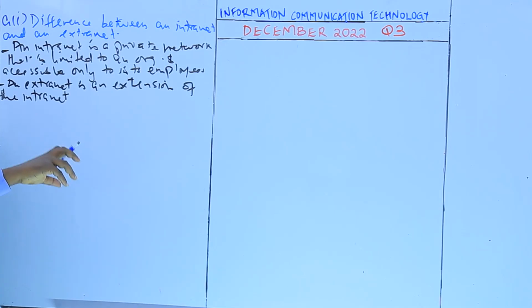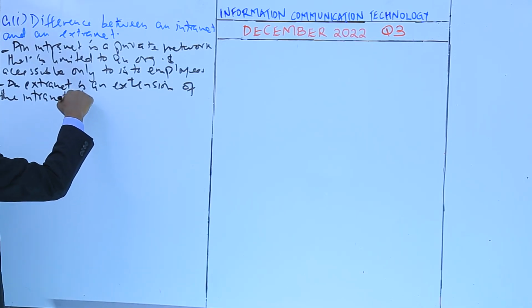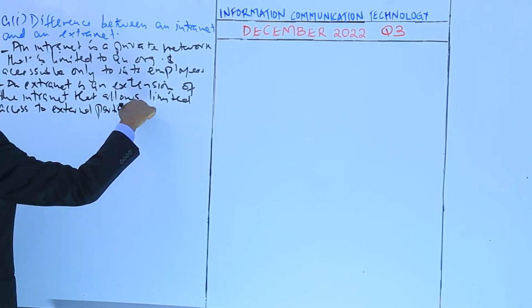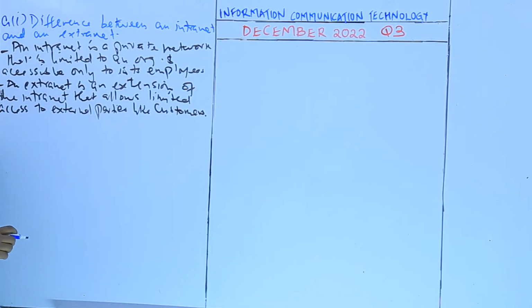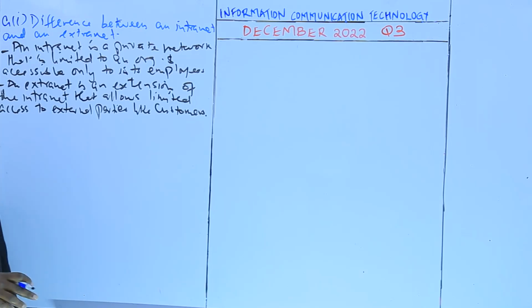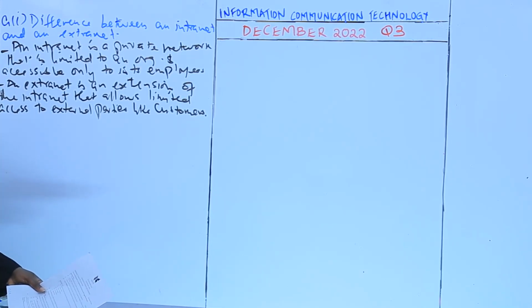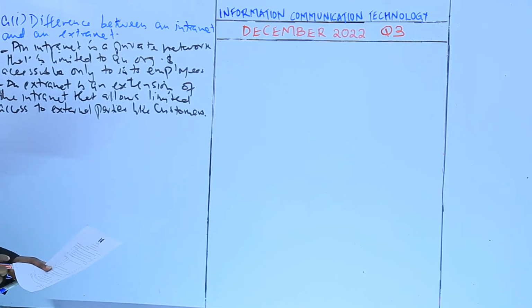This is an extension of an intranet that allows limited access to external parties like customers or suppliers. So that's the distinction between an intranet and an extranet. 2 marks.